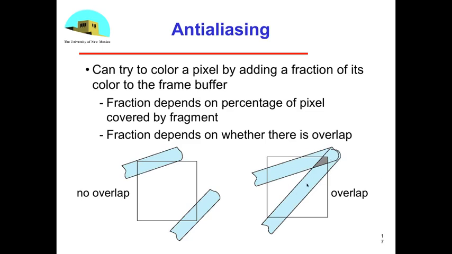Then the correct amount of blue has to account for this overlap area. And if you think about this in probabilistic terms, or if you've taken a probability course, you get a little formula that says, on the average, I should take off the average overlap over all of the lines that might fall into this little pixel.